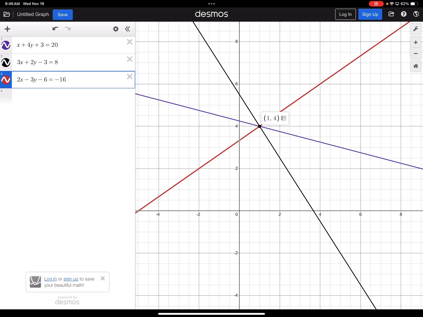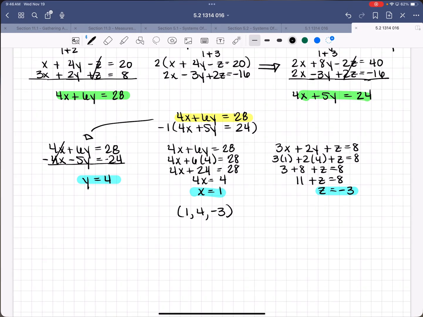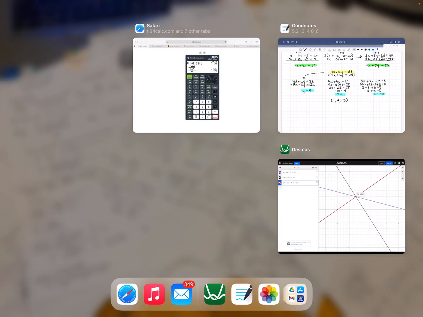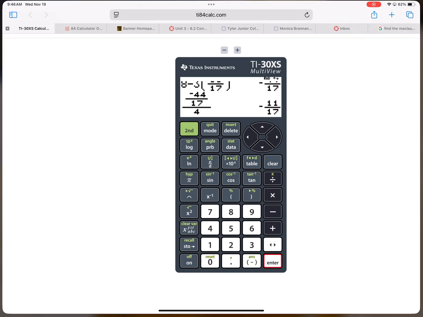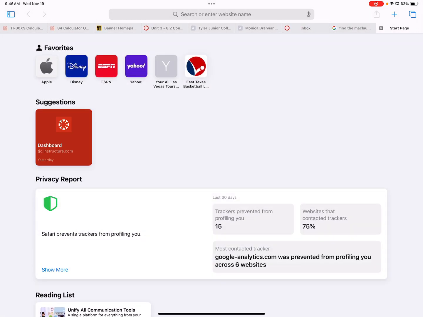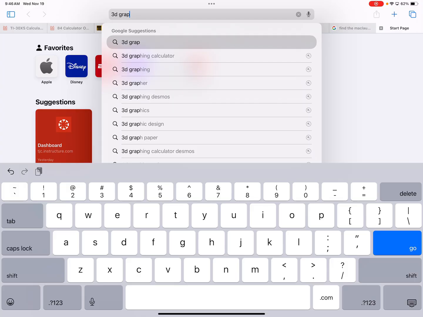We could probably do the same thing, but you would have to switch. That's okay. Let me see if there is a 3D graphing calculator.